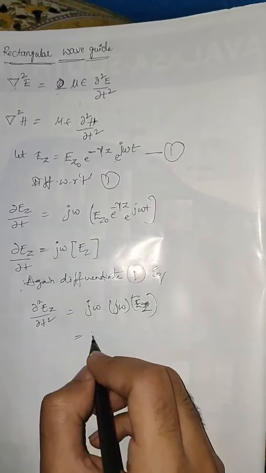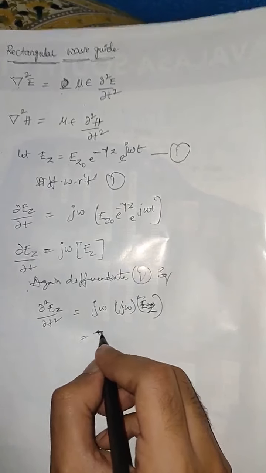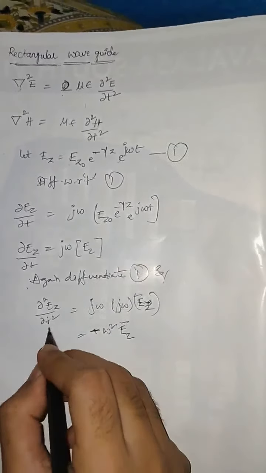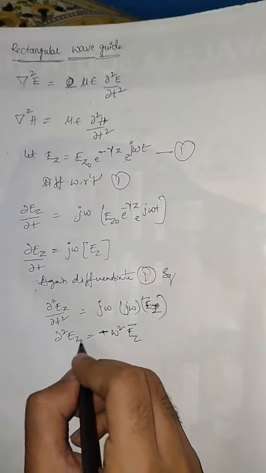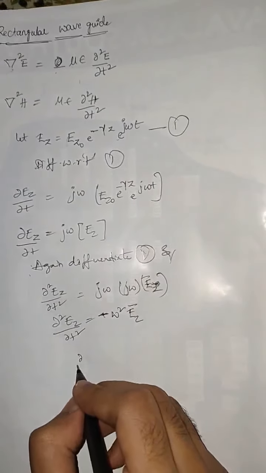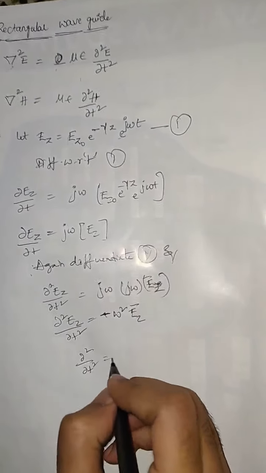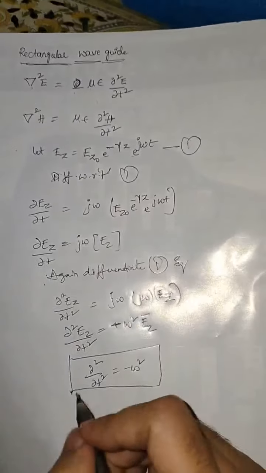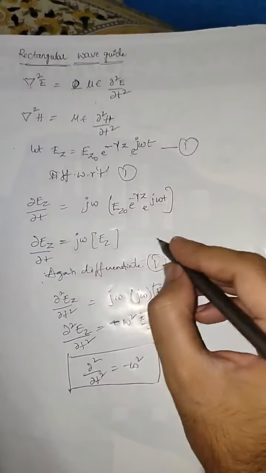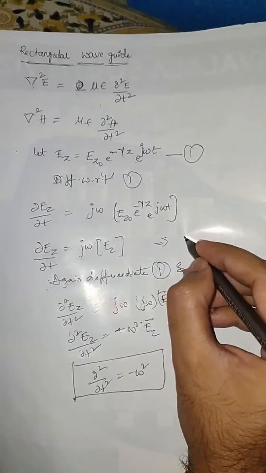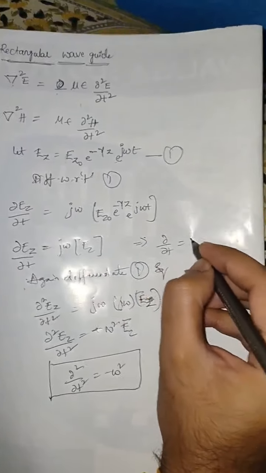So j square is minus 1, giving minus omega square Ez. This is the value of dou square Ez by dou t square. Comparing the equations, dou square by dou t square is nothing but minus omega square, and from this equation you can observe that dou by dou t is nothing but j omega.